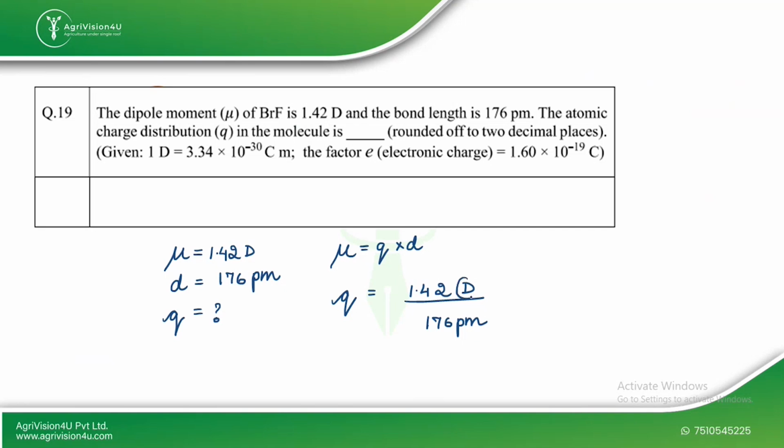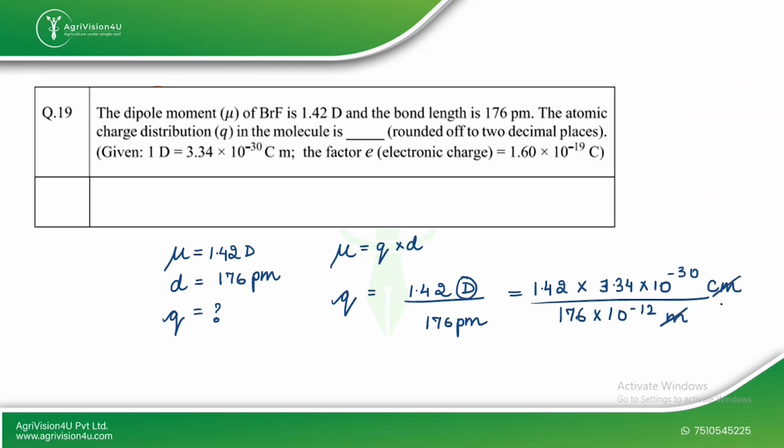1 D is equal to this, so I'll write 1.42 into 3.34 into 10 raised to the power minus 30 coulomb meter divided by 176 into 10 raised to the power minus 12 meter.